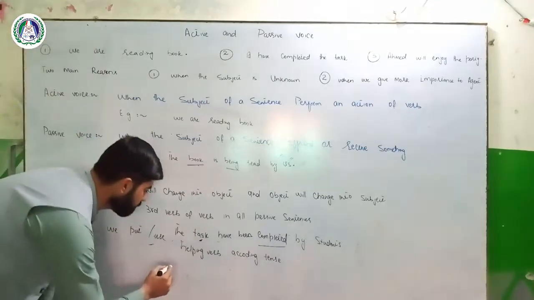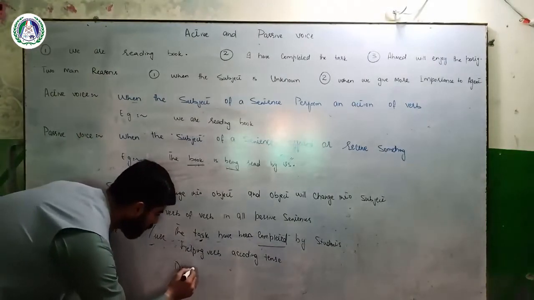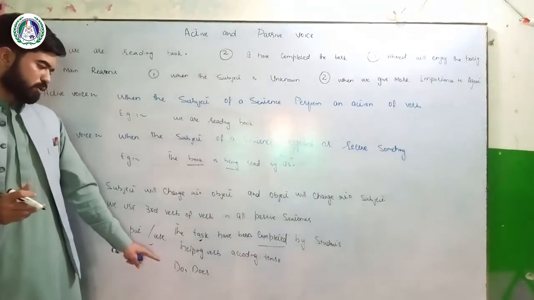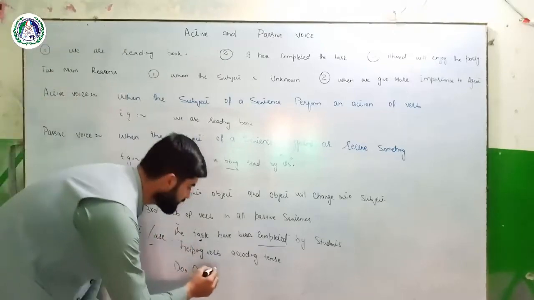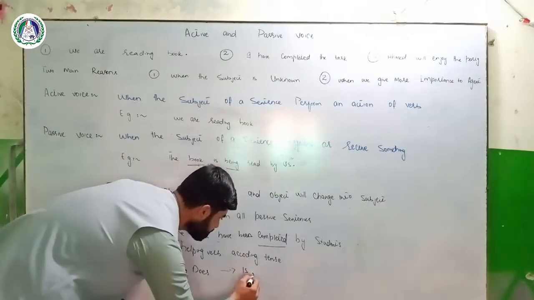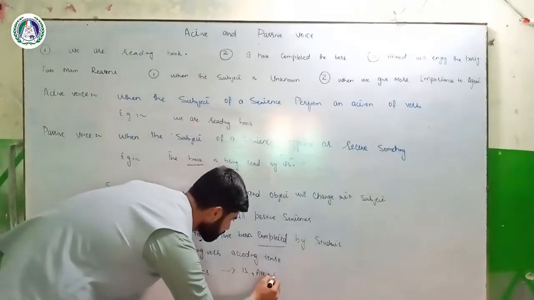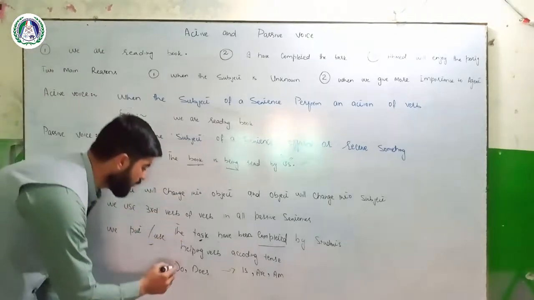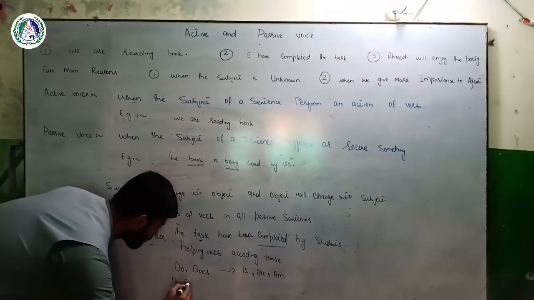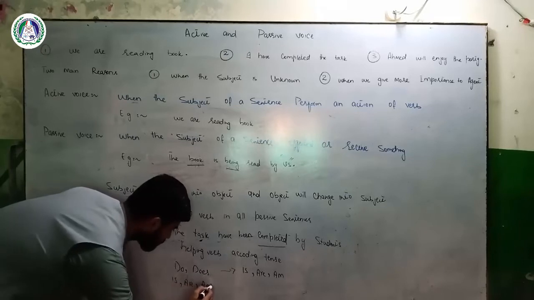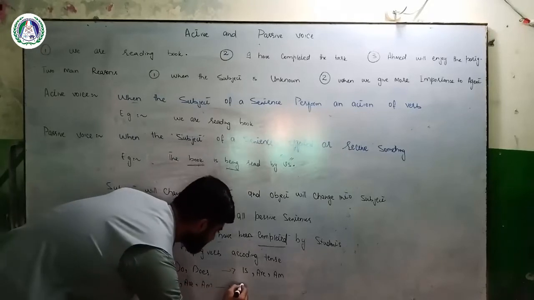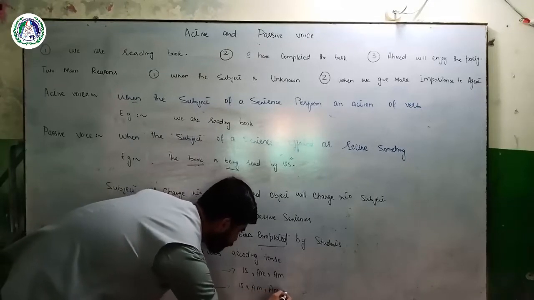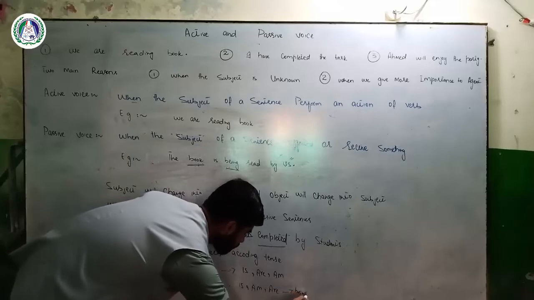For example, I have the helping verb do or does. It is the helping verb of present simple tense, okay? But in passive voice, we change it into is or am. On the same idea, if there is is or am in a sentence, we use the same is or am with the word being.